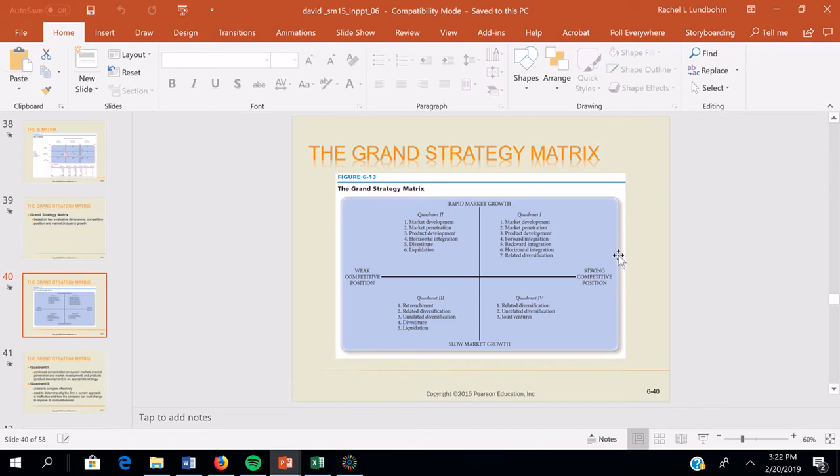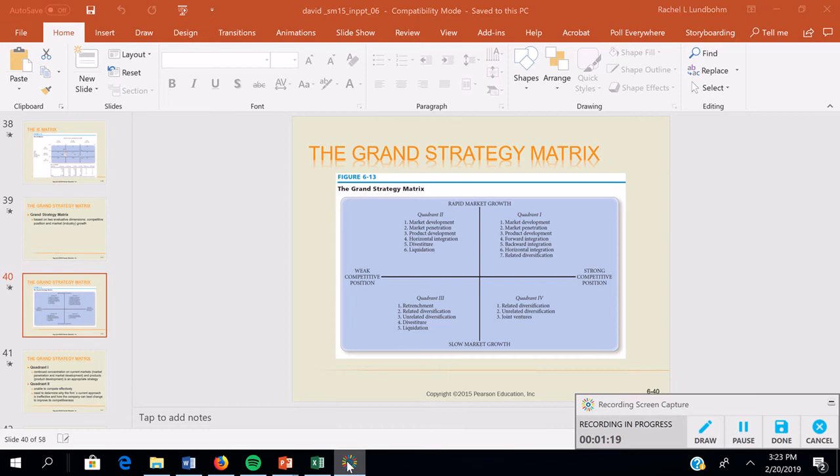Let's look at another example. Let's take a look at a company like Coca-Cola. Do they have a weak competitive position or a strong competitive position?